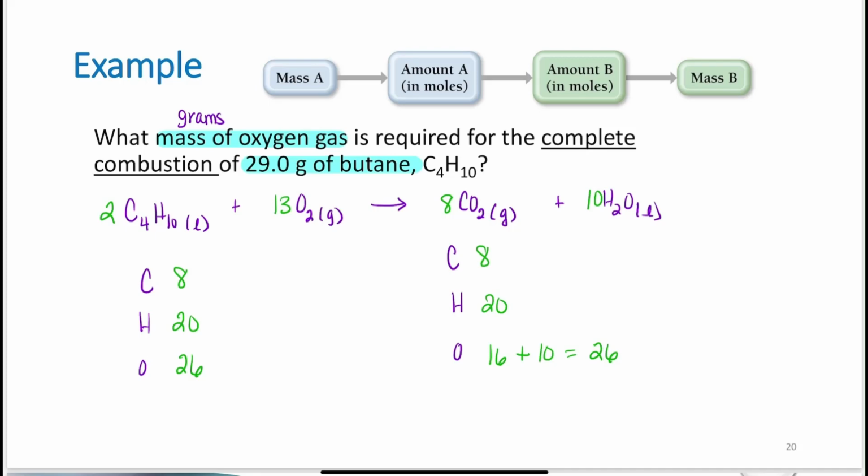So I'm going to rewrite that equation above because I'm going to need this space. I've got 2 C4H10. I know it's a liquid because butane is what it is in lighters, and it's liquid in lighters. 13 O2, 8 CO2, and 10 H2O liquid.